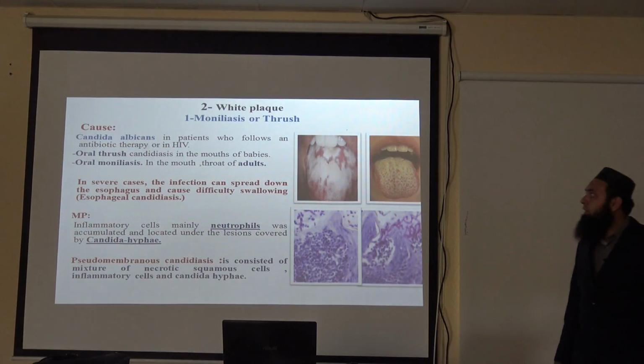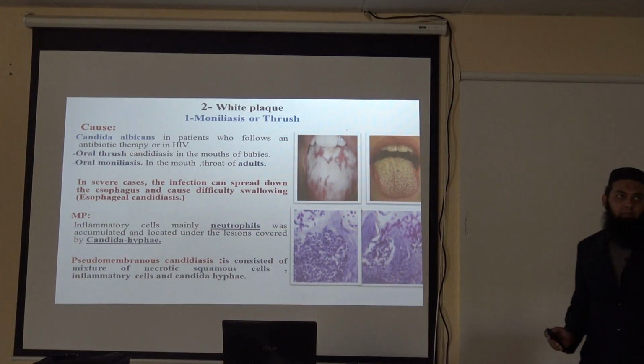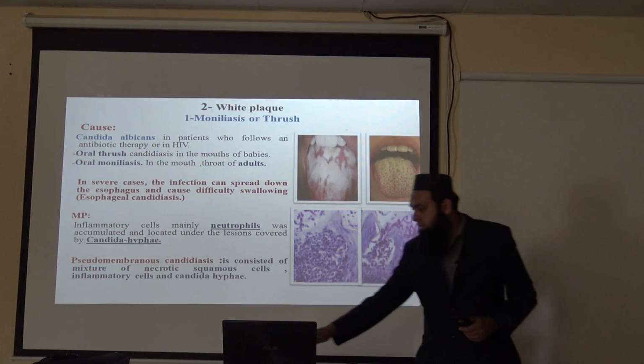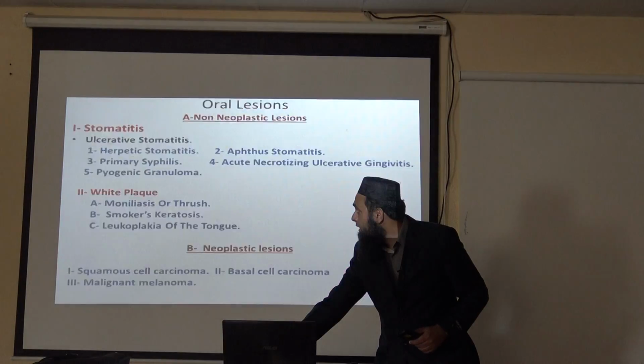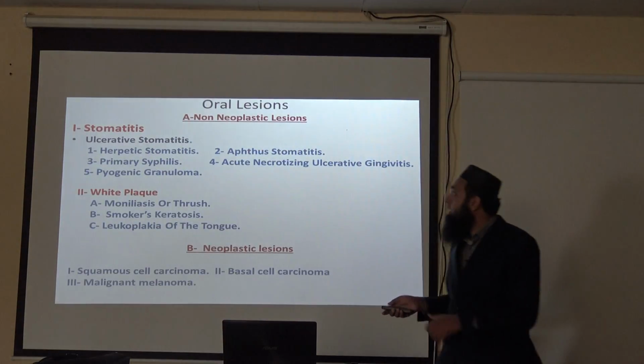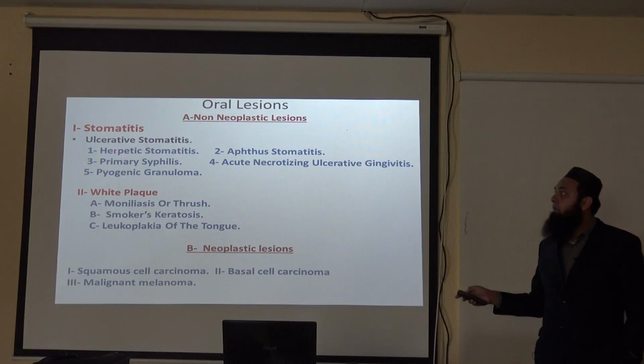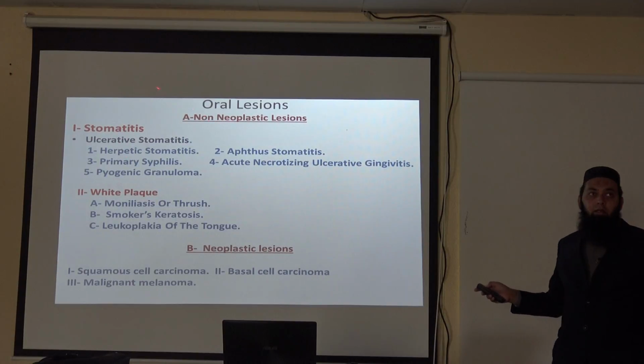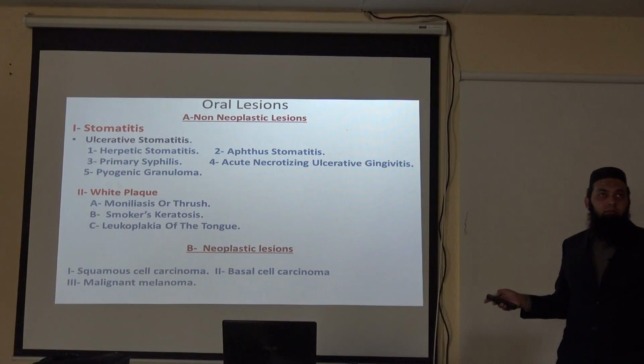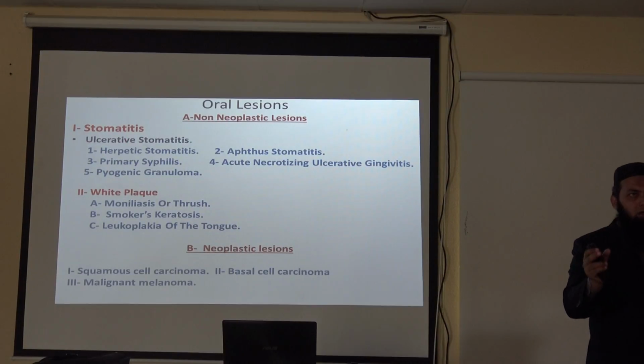Okay. The next one, now the white plaque. If we go to the first slide, this one. So we covered these. We started from there, non-neoplastic and neoplastic. In the non-neoplastic, we covered these. Very easy. Herpetic stomatitis, herpes is the cause.